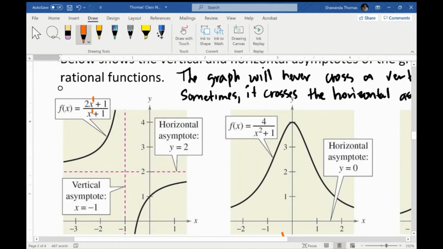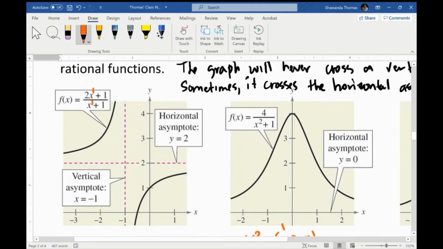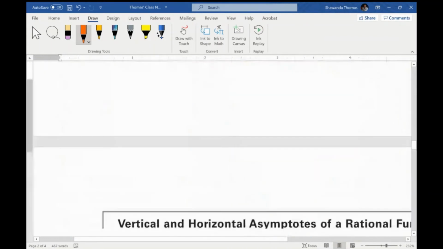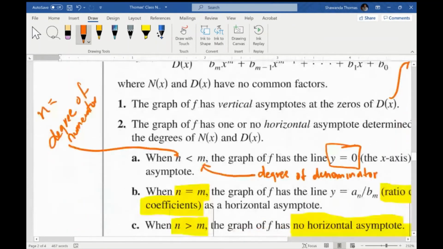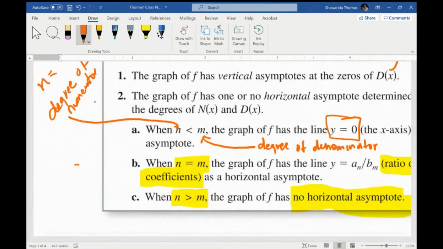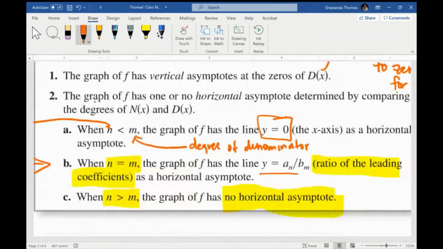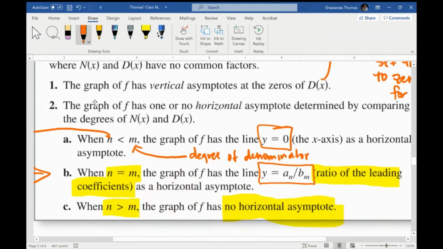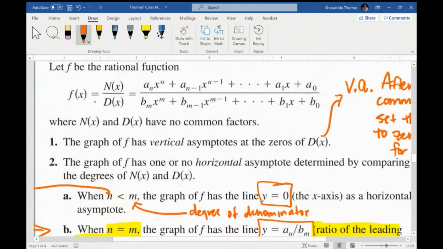Aren't they equal to each other? Yes, ma'am. All right, good. So we're going to go with B. When they are equal to each other, it's going to be y equals a sub n over b sub m. What is that? Just the leading coefficients. That's all.